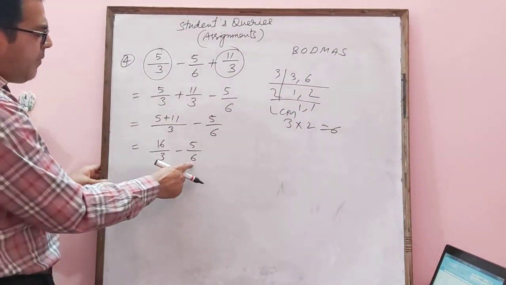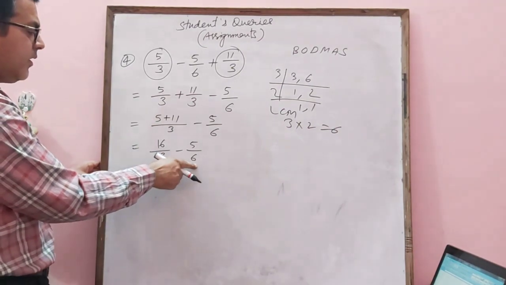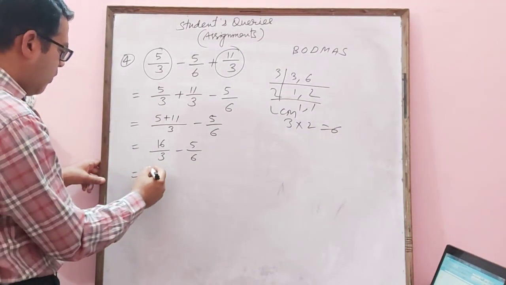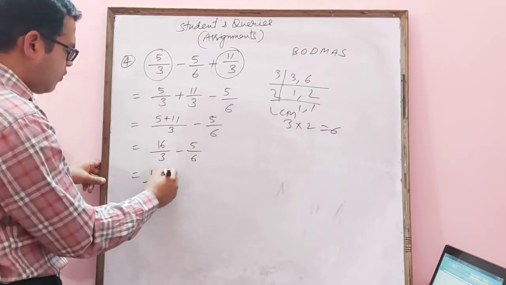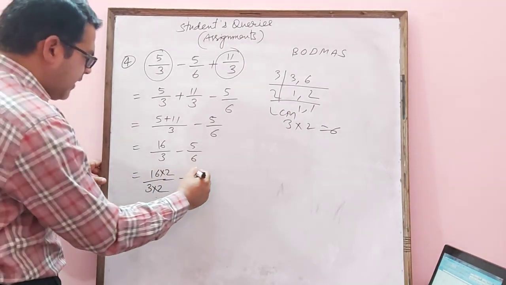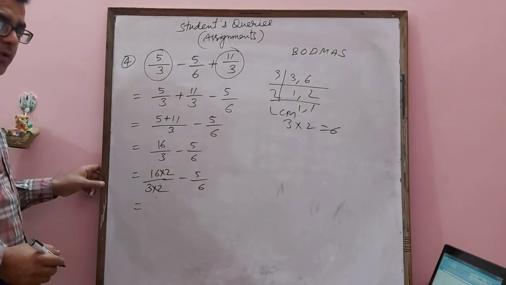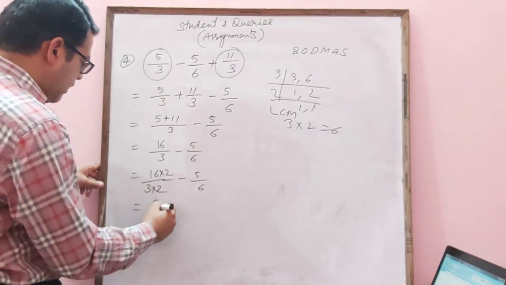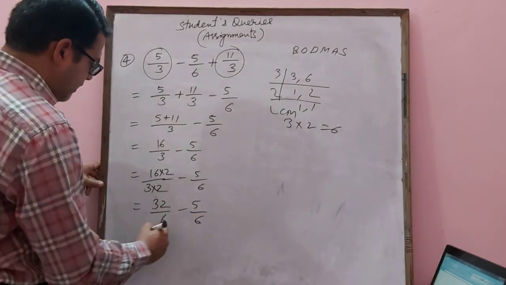So this 5 by 6 is already in the format. Already 6 is there. So we need to convert this 3 into 6. How? By multiplying it by 2. Since we are multiplying it by 2, we have to multiply numerator also. Now 16 into 2, 32 by 6 and minus 5 by 6 you can write as it is.